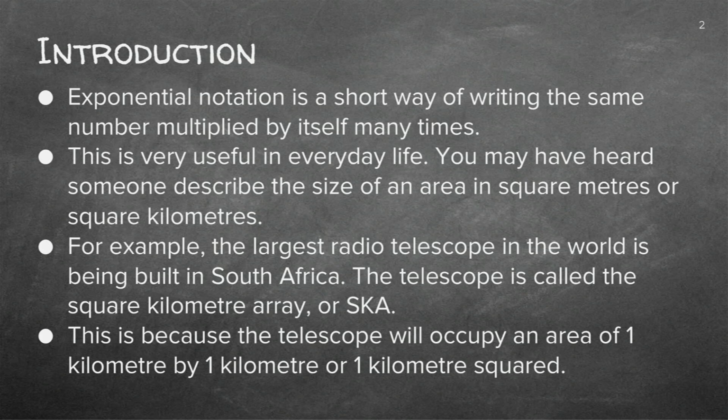For example, the largest radio telescope in the world is being built in South Africa, and the telescope is called the Square Kilometer Array, or the SKA. This is because the telescope will occupy an area of 1 kilometer by 1 kilometer, or 1 kilometer squared.